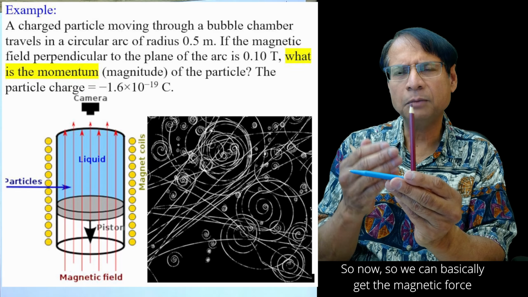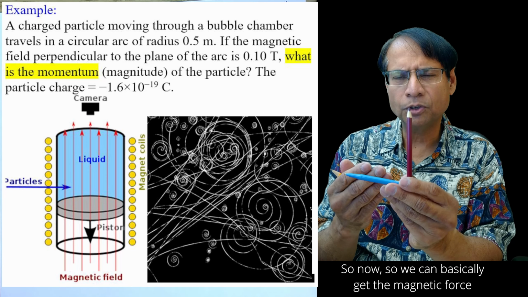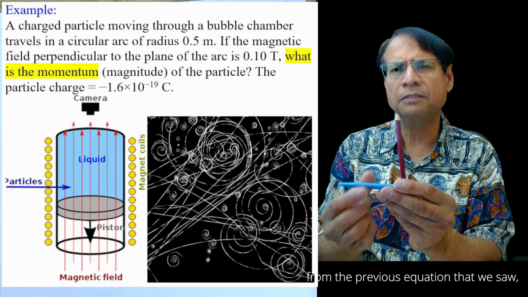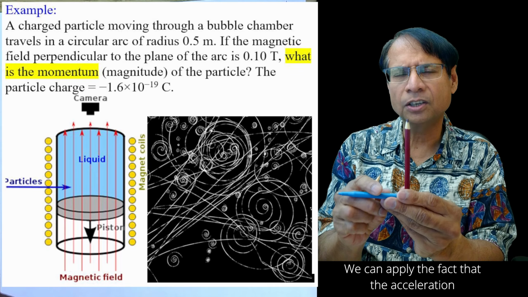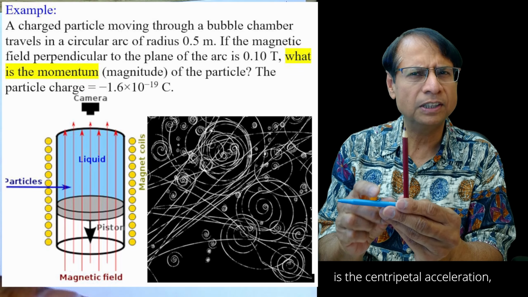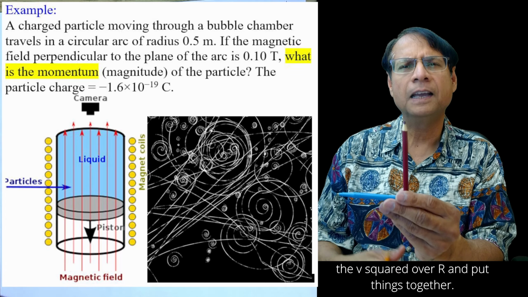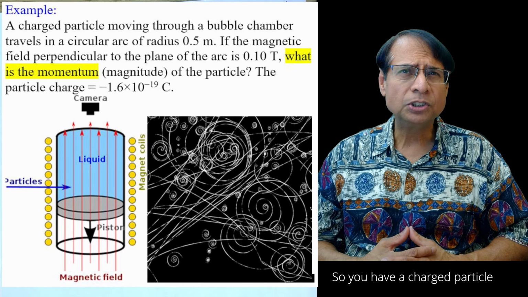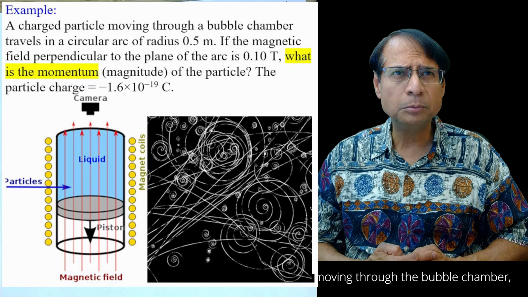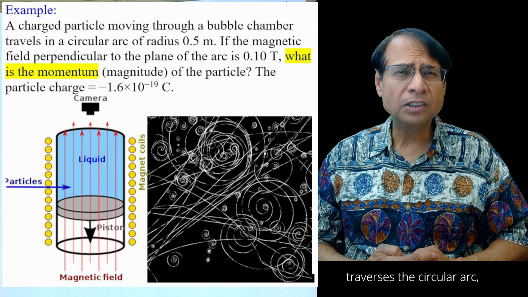So we can basically get the magnetic force from the previous equation that we saw, the magnetic force law. We can apply the fact that the acceleration is the centripetal acceleration, v squared over r, and put things together. So what are they asking here? You have a charged particle moving through the bubble chamber, traveling in a circular arc.